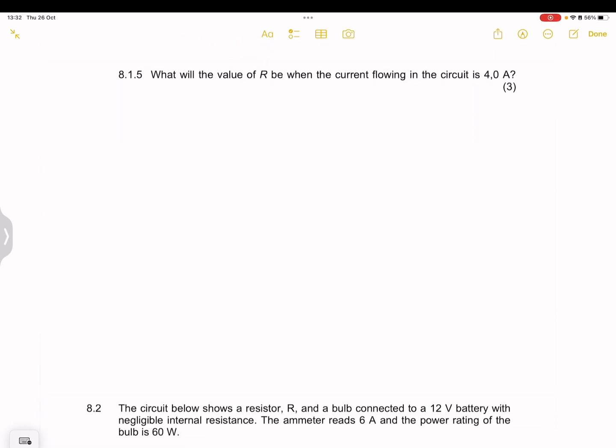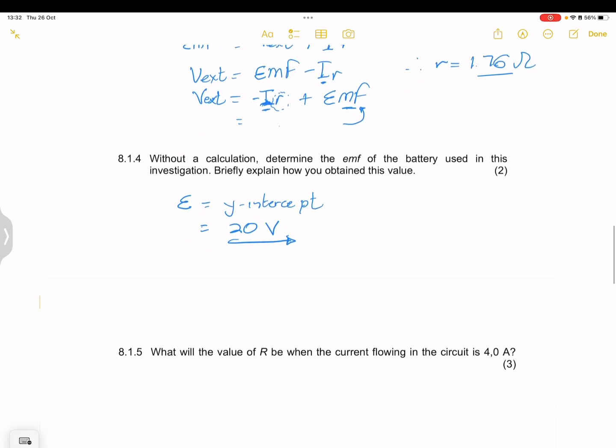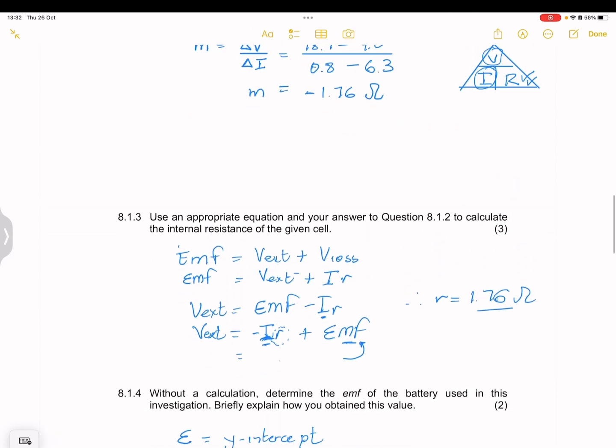They say to us, what will be the value of R when the current flowing in the circuit is 4 amperes? Now we know that we've got the EMF value, you remember we've got that 20 volts there. We know the current value, and now we also know the value of the internal resistance.